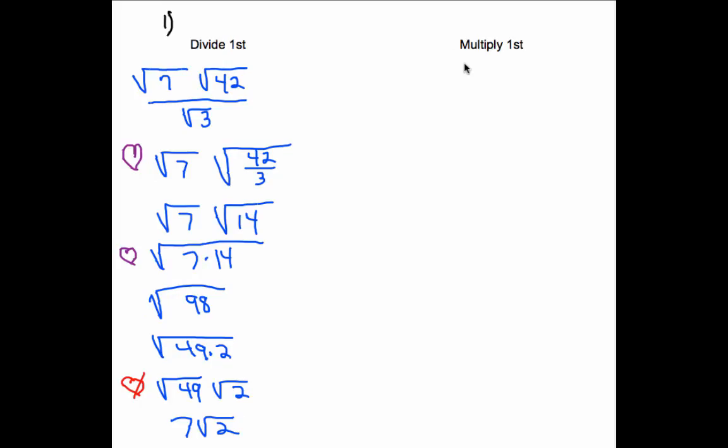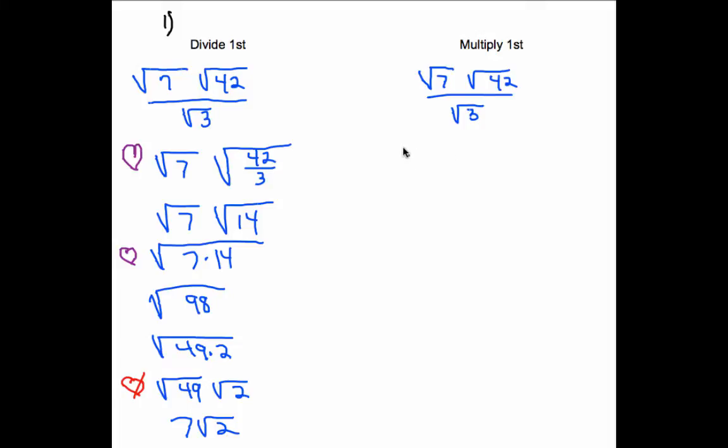Now we'll try multiplying first, see how that goes. I'll rewrite the problem from the beginning. So once again, we'll begin by marrying the square roots off, but we'll do this by multiplying.